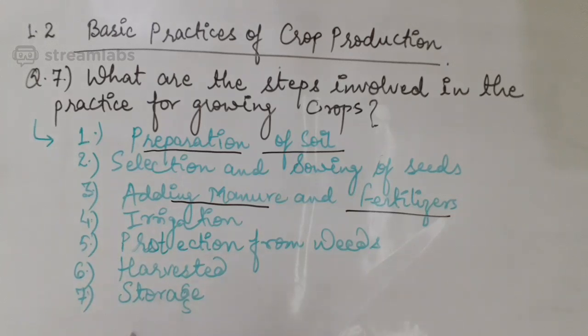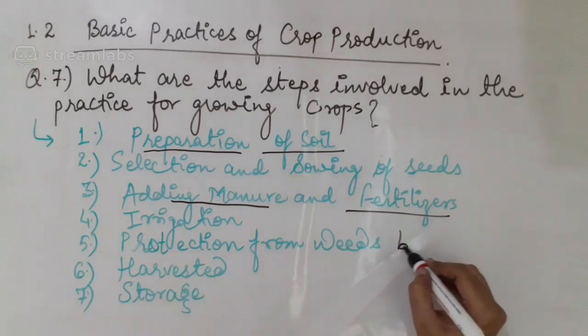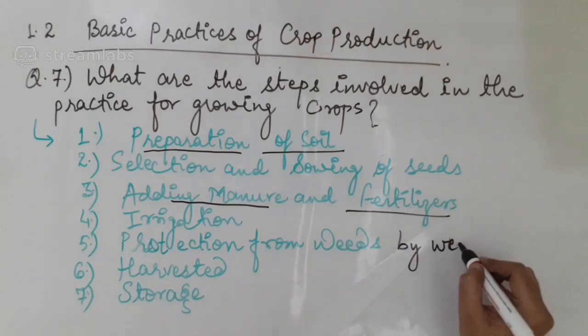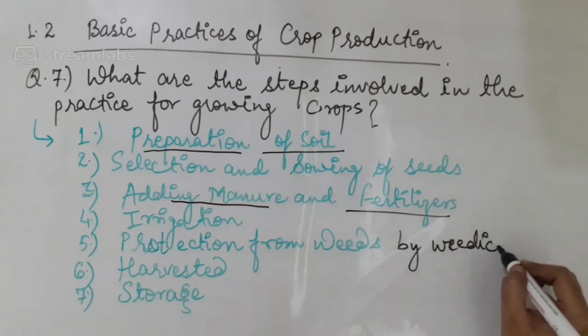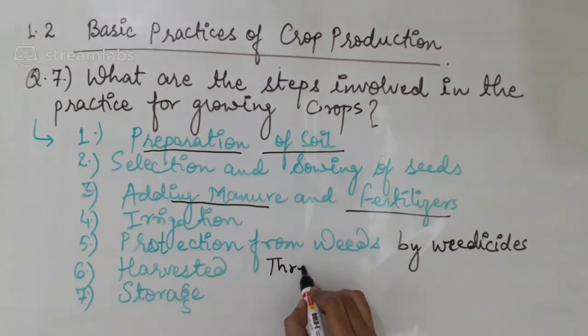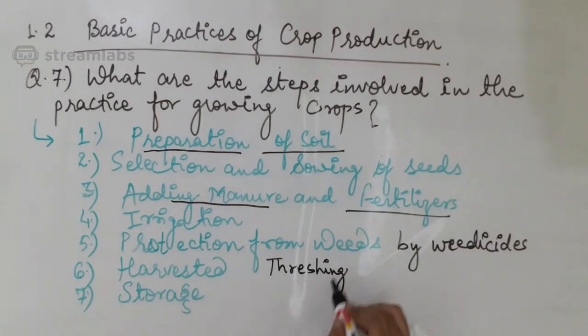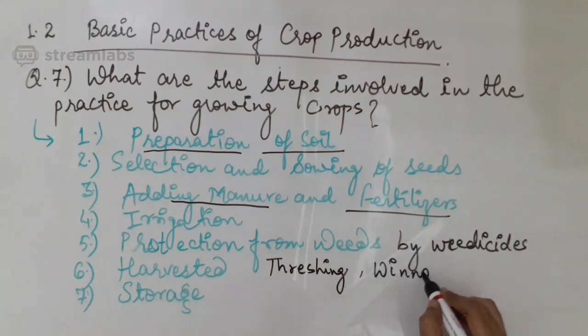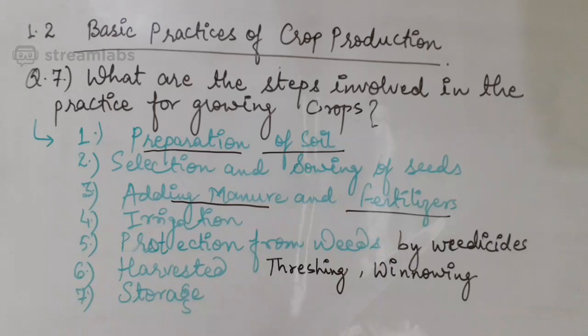The fifth step needs weedicides to protect the crop from weeds. Harvesting includes threshing, winnowing, storage.